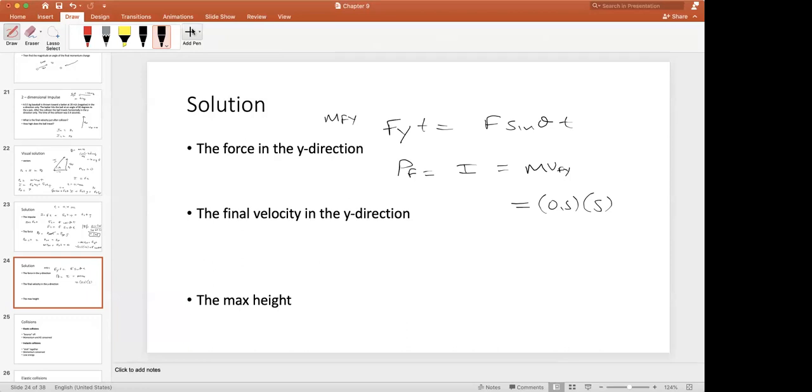Sorry, let me take that back for a second, just to be clear. My impulse is Fy times t, and that's equal to m v final of y.